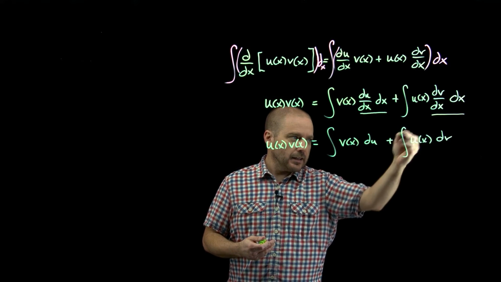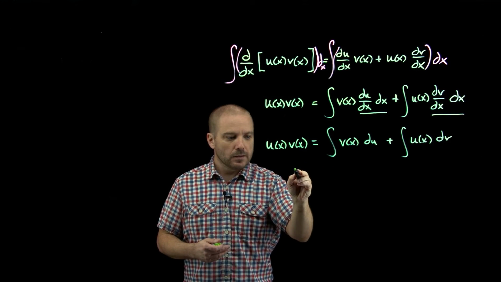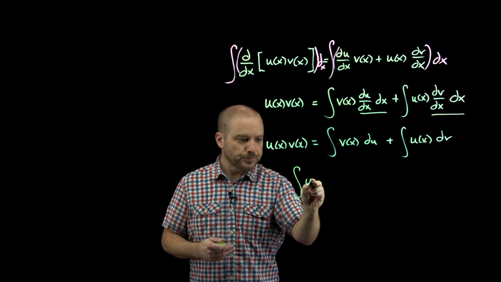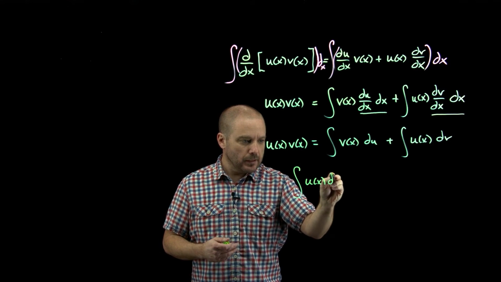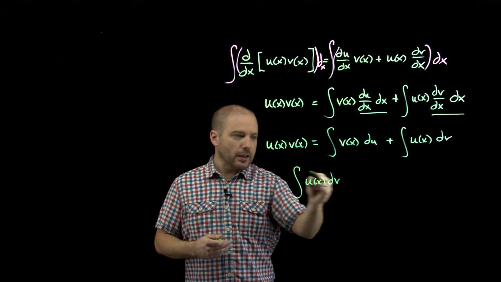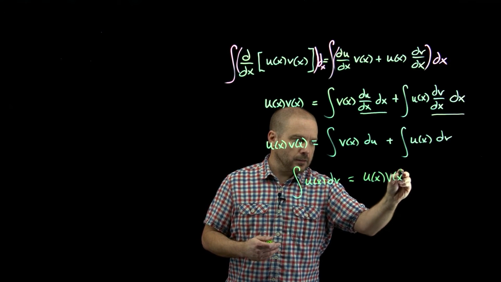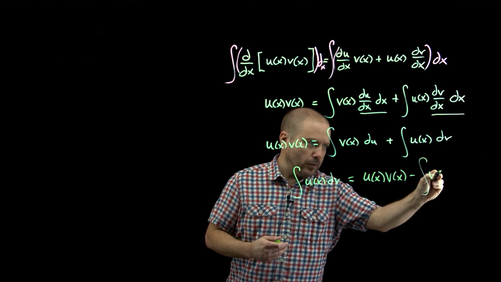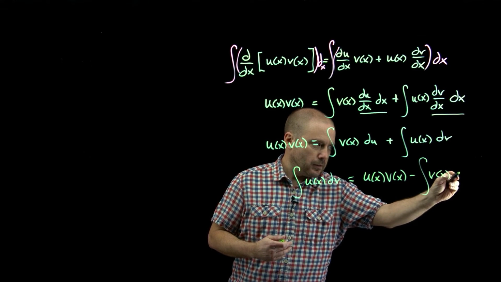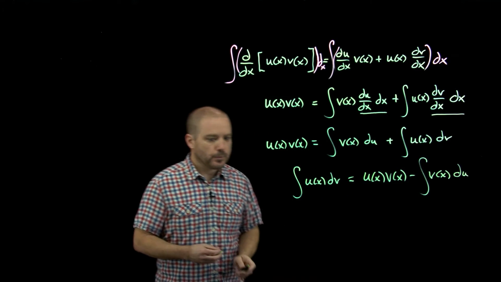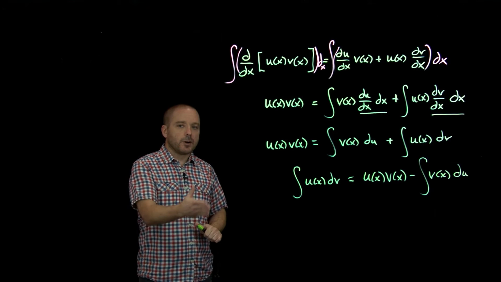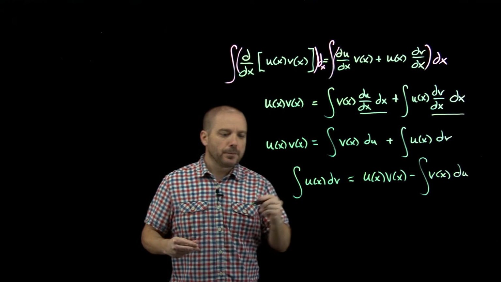We'll isolate this u dv. So I have that the integral of u of x dv, subtracting to the other side, is u of x v of x minus the integral of v of x du. And this is our integration by parts formula here.